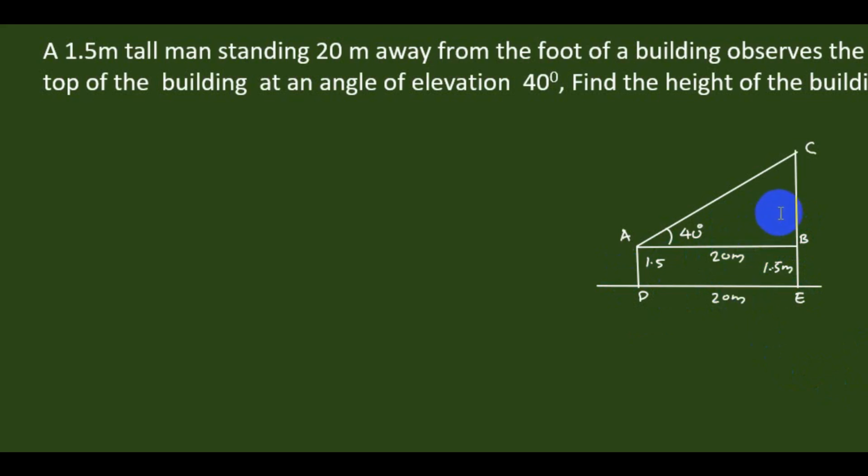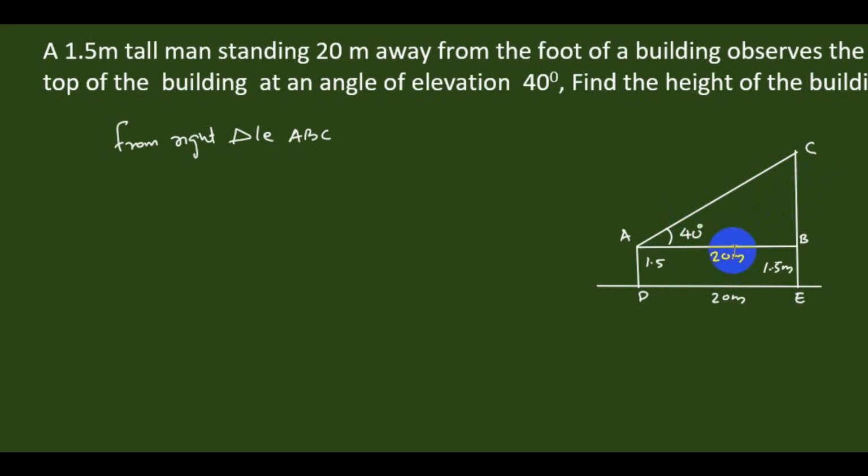See, now we need to get BC. From the right triangle ABC, what can we write? Here we want to get BC, the opposite side to this angle, and its adjacent side AB is there with us. The trigonometric ratio connecting the opposite side and adjacent side of an angle is tan.